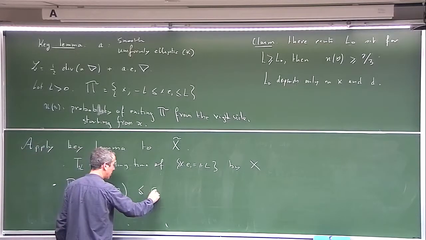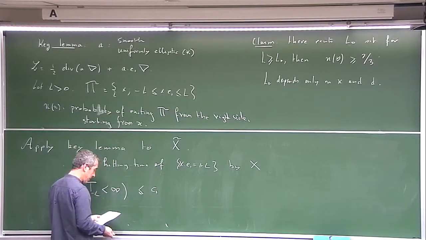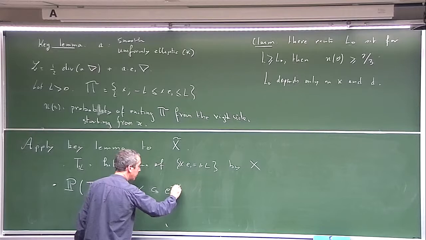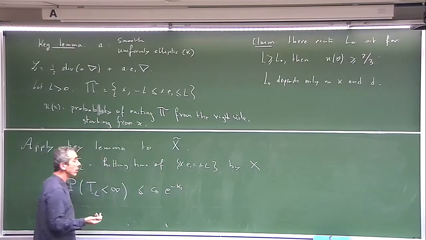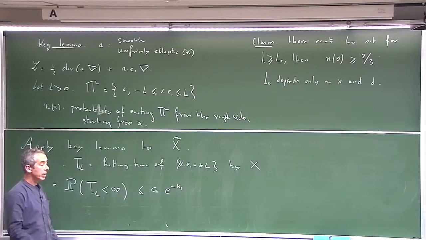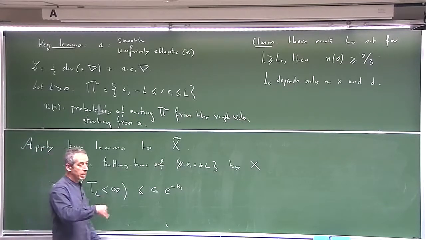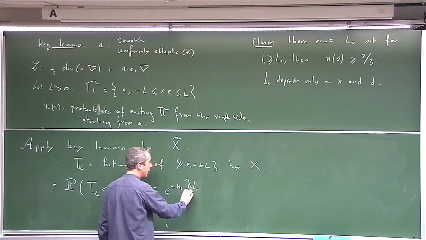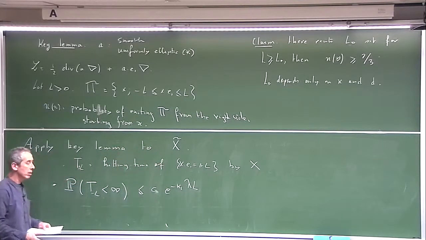So this is less than some constant C. Right? It has an exponential decay. Now, if you do it on the scale of x tilde, then you get an exponential decay in terms of L. But then when you move back to the original scale, you get an exponential decay in terms of lambda L. Okay?